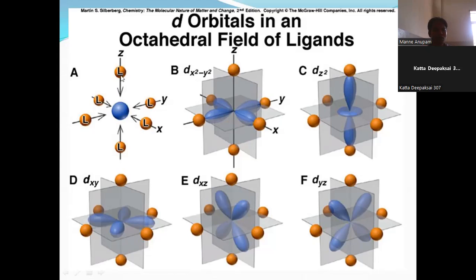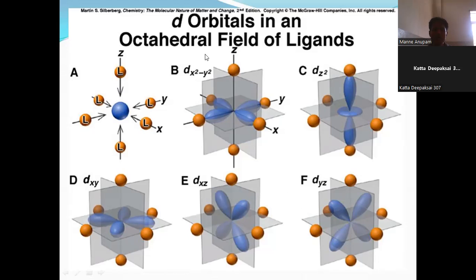Repulsion is between the negative electrons of the metal ion and the negative electrons of the ligand. Now we have to see which will have more repulsion and which will have less. Whichever orbitals are present directly on the approach of the ligands have more repulsion. Whichever orbitals are present in between the axis, in between the approach of the ligands, have less repulsion.